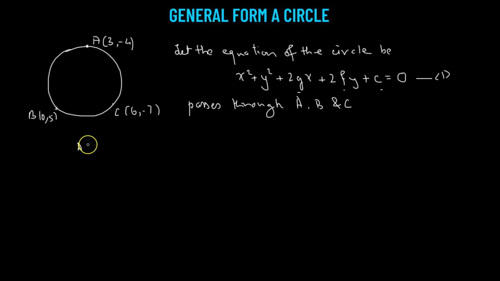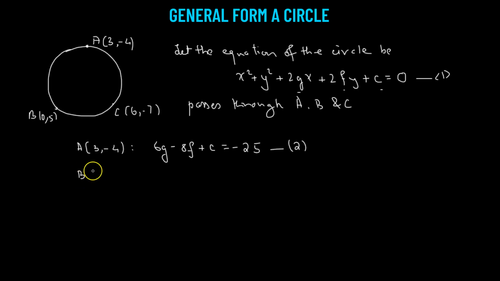So if we take the point A, 3, negative 4, and substitute the value of x with 3 and y with negative 4 in equation number 1, we're going to get the equation 6g minus 8f plus c equals negative 25. We're going to label this as equation number 2.